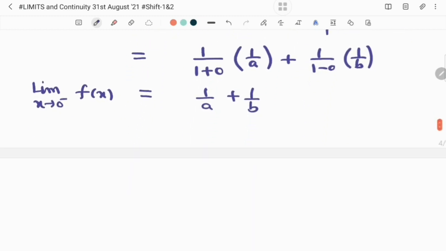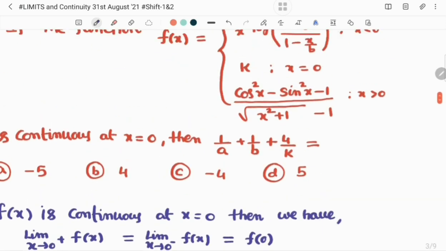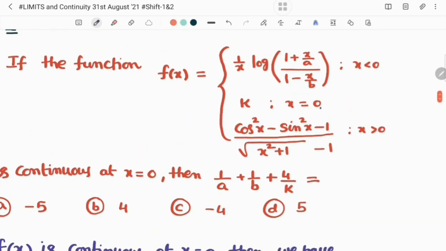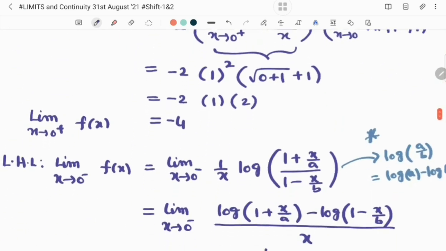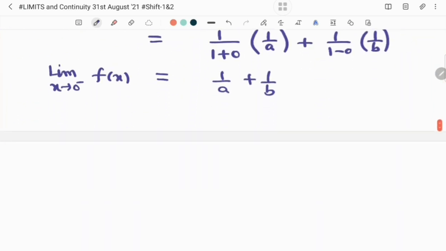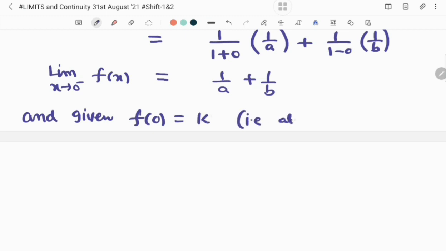And one more condition is there. At x is equal to 0, the function value is k. Therefore, given f of 0 is equal to k. That is, at x is equal to 0, f of x value is k.